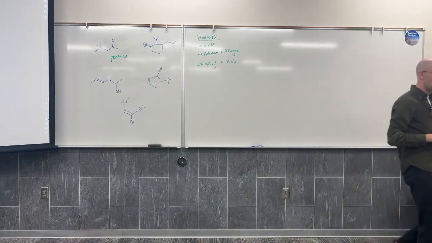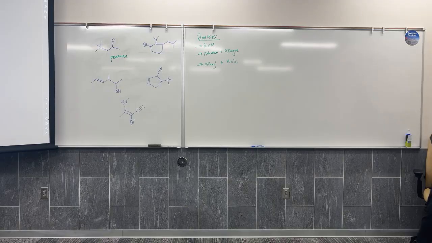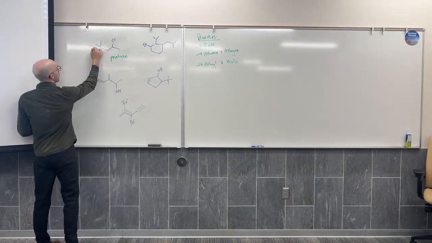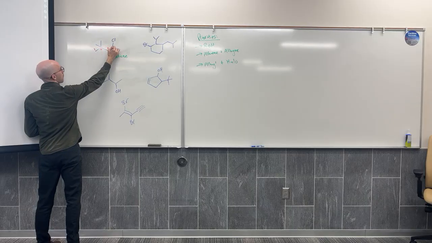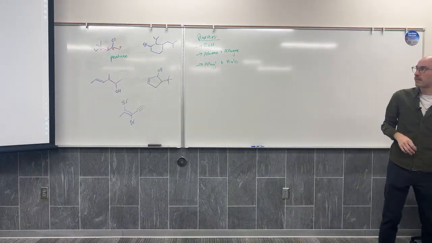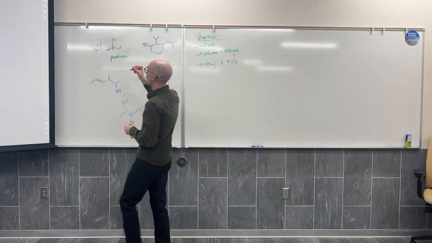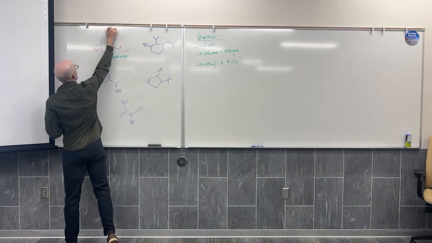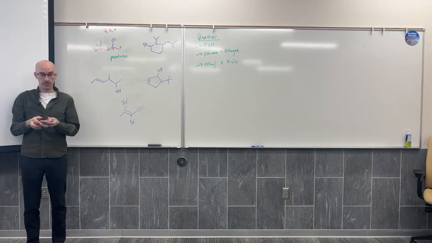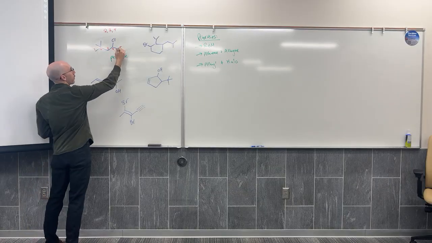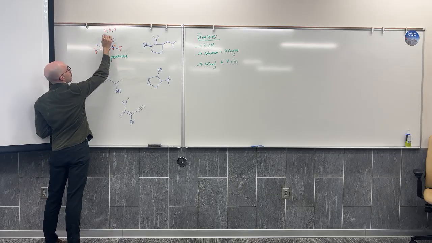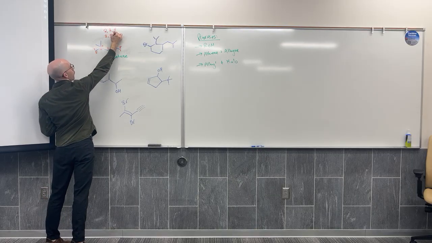Now, should I number from the left to the right, or from the right to the left? If we number from left to right, we get a locant set of 2, 2, 4. I have a methyl group at 2, a methyl group at 2, a chlorine at 4. If I number from right to left, I get a locant set of 2, 4, 4.